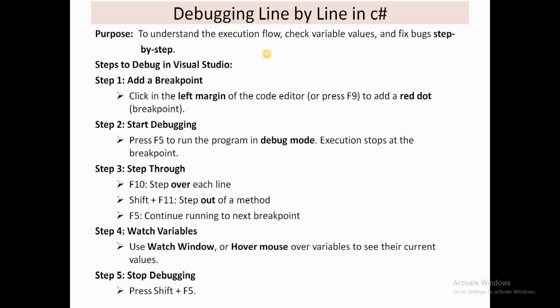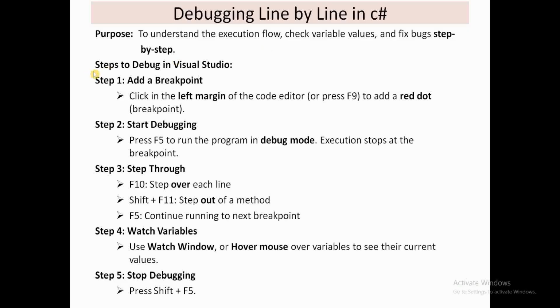Suppose we write a program and want to check line by line what value is coming through each iteration, or check the values in variables like an integer variable or string values, and how they are incrementing. And if we have bugs or errors in the code, we can find them by debugging.